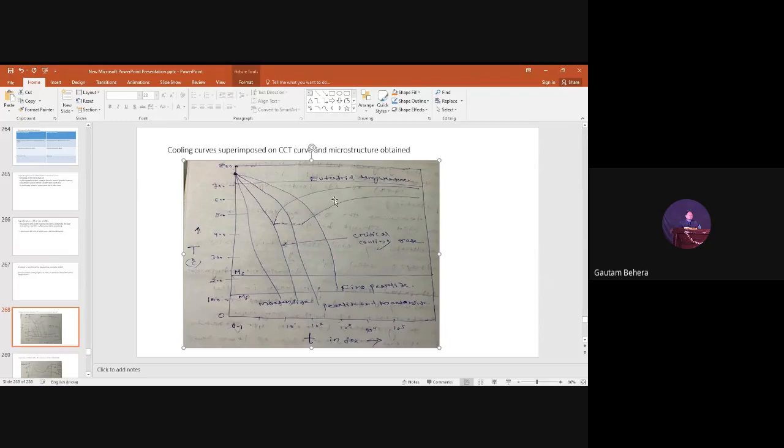Sagar, can you answer why this cooling curve is producing fine pearlite? The first question is why it will form pearlite and why it is fine, not coarse. This cooling rate. Don't know, sir. Okay, you don't know. Siva Prasad, can you answer this one?